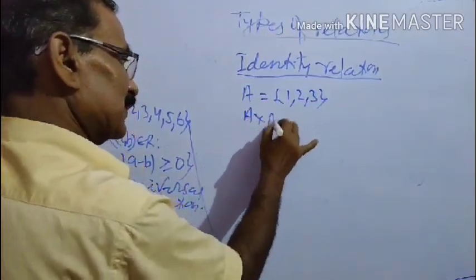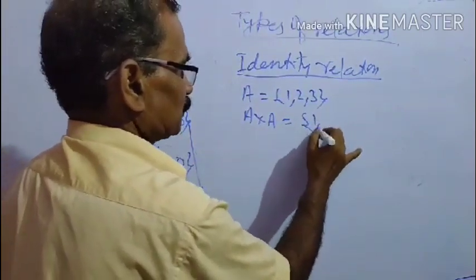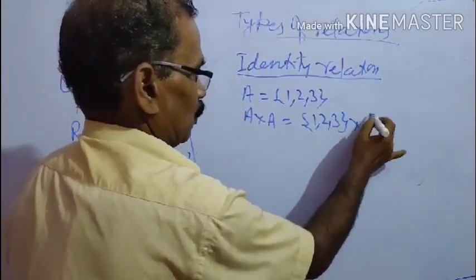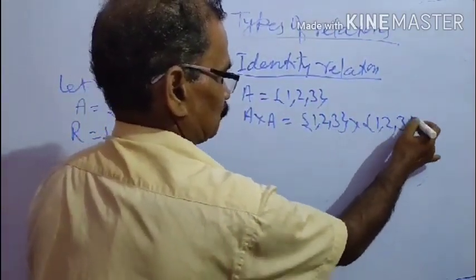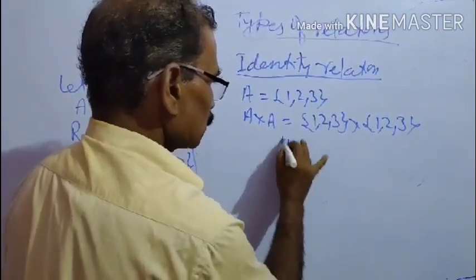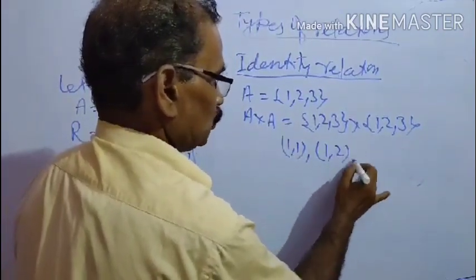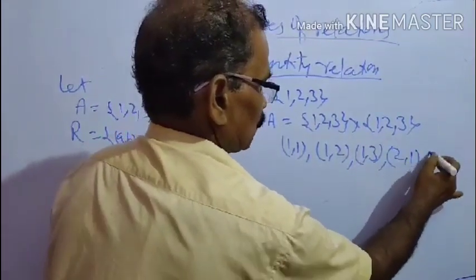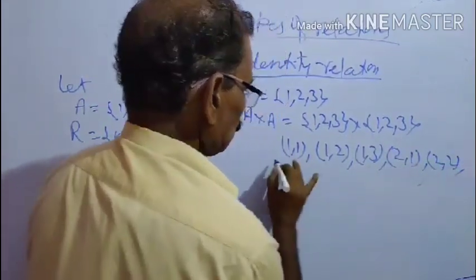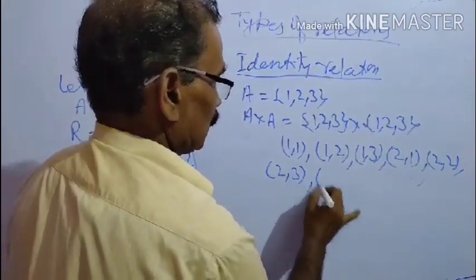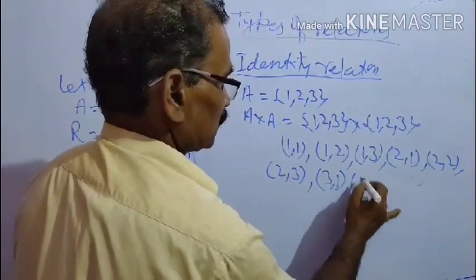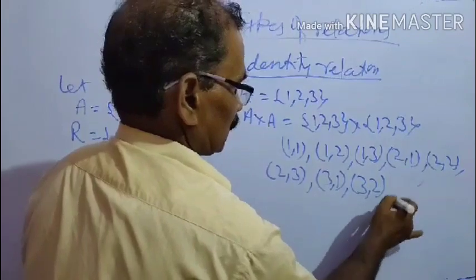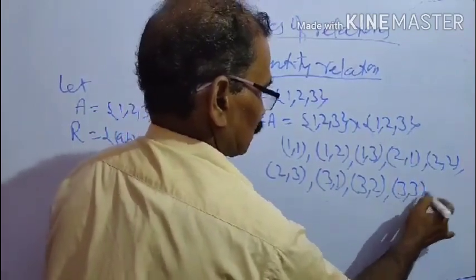If we take A cross A, this means (1,1), (1,2), (1,3), (2,1), (2,2), (2,3), (3,1), (3,2), (3,3).